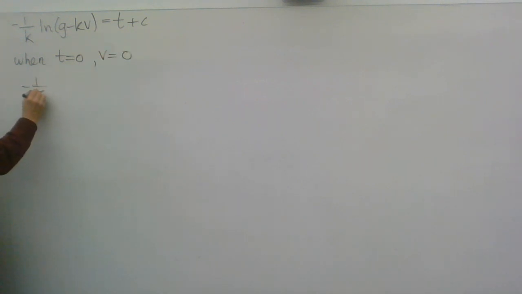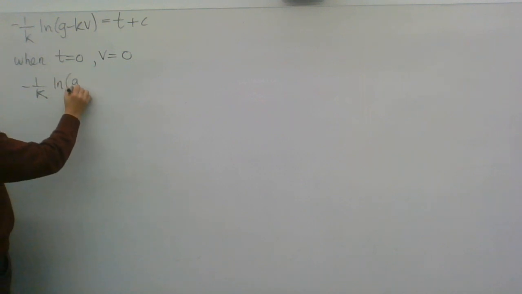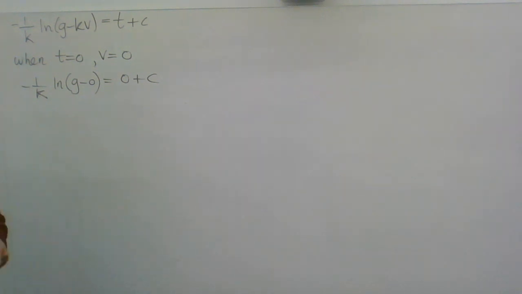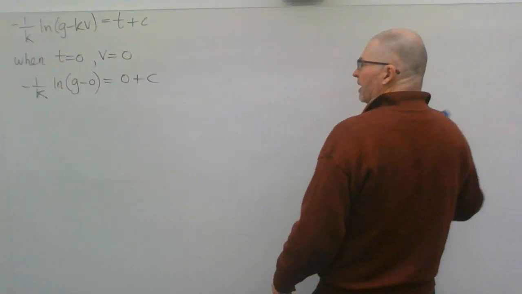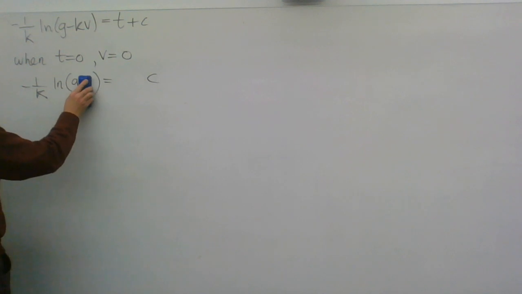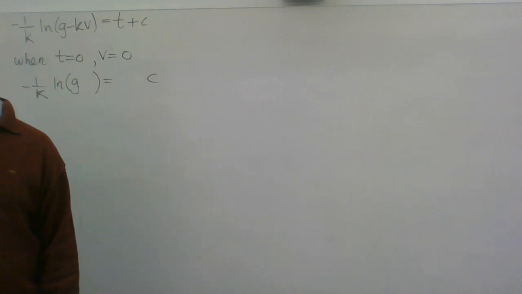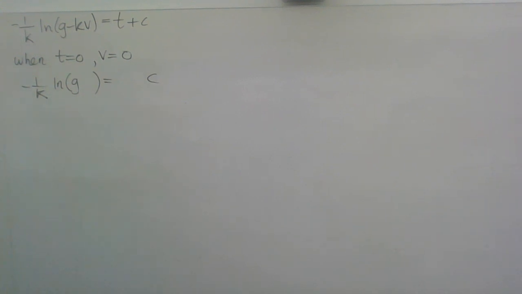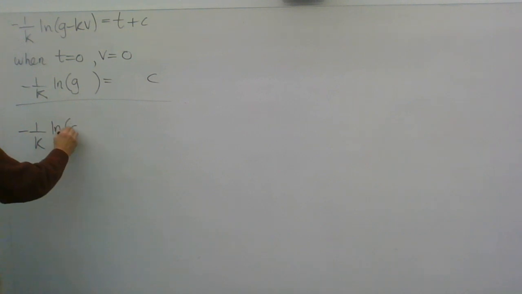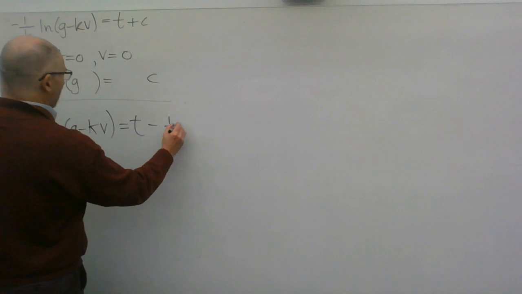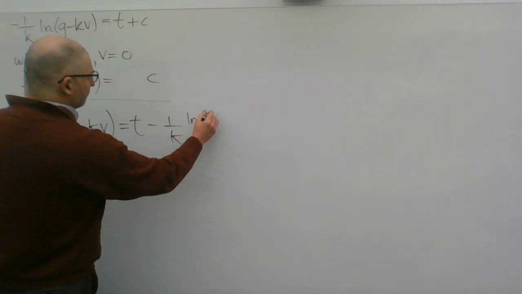So minus 1 on k ln g minus 0 equals 0 plus c, which means I can see that c is equal to minus 1 on k natural log of g. So my equation is minus 1 on k natural log of g minus kv equals t, and minus 1 on k natural log of g.